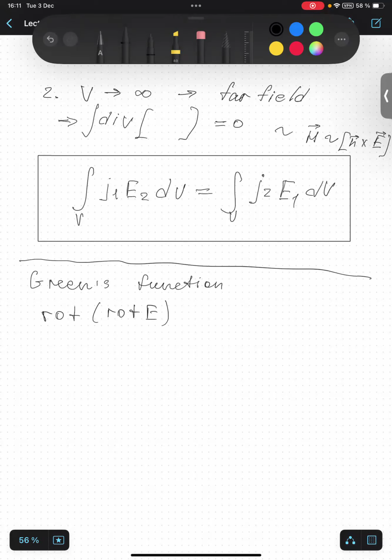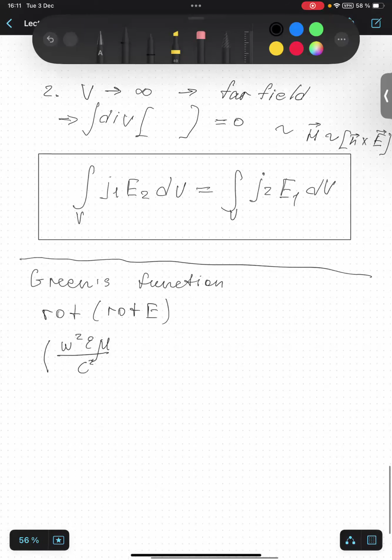What will we have in the end? We will have something like this: omega squared epsilon mu over c squared plus the Laplacian, acting on E, equal to minus i omega mu over c squared times our current J. So we have sources. That's why we have the non-zero right-hand side of this equation.